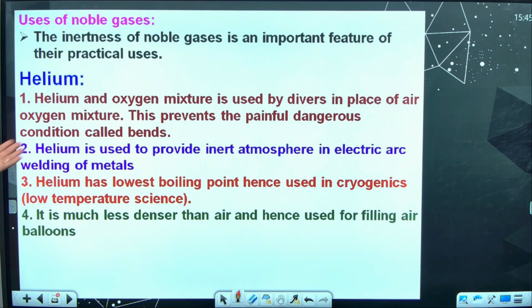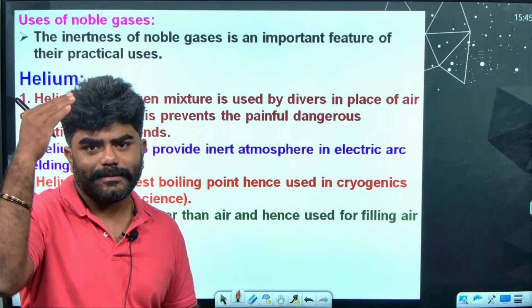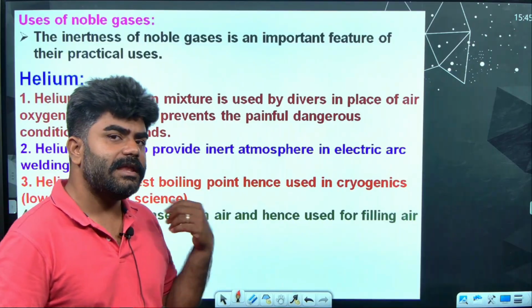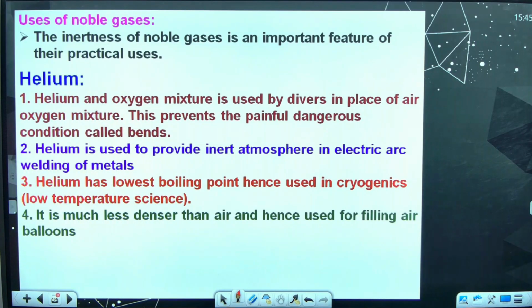Helium and oxygen mixtures are used by divers, you know that, in order to prevent bends, and helium is used to provide inert atmosphere for chemical reactions and even welding of metals, and helium has the lowest boiling point, hence it is used in cryogenics, that is lower temperature sciences. And it is less dense than air, hence it is used for filling balloons. These helium balloons you must have heard.